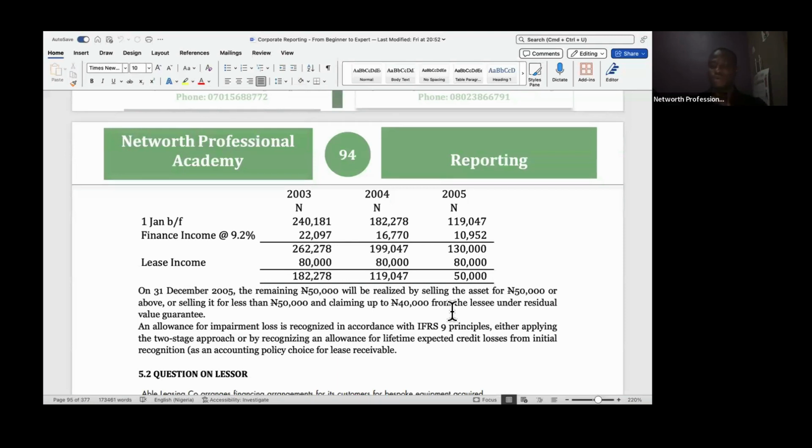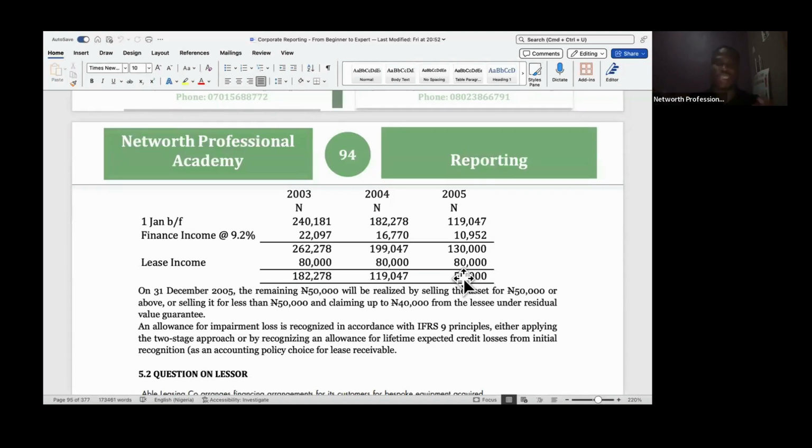But if for whatever reason, the lessor is unable to sell these assets for up to 40,000, if he sells these assets for, let's say, 34,000, then it should be an obligation on the lessee to make it up to 40,000. So he will help him top it up with 6,000 because the lessee has guaranteed 40,000.